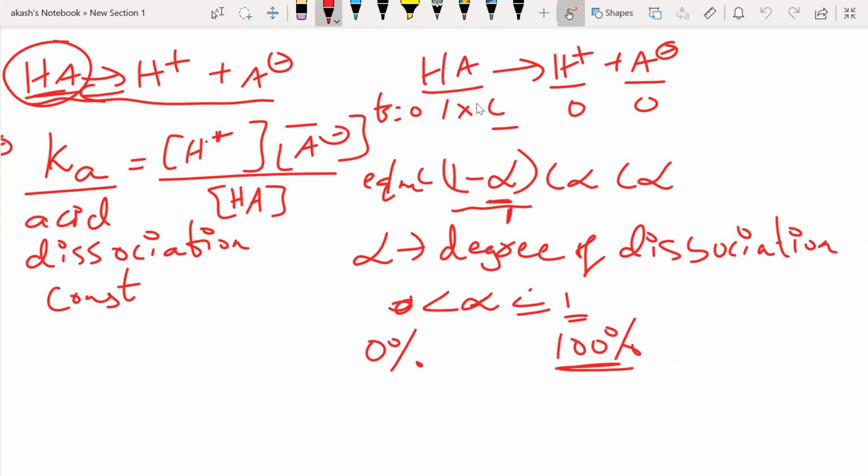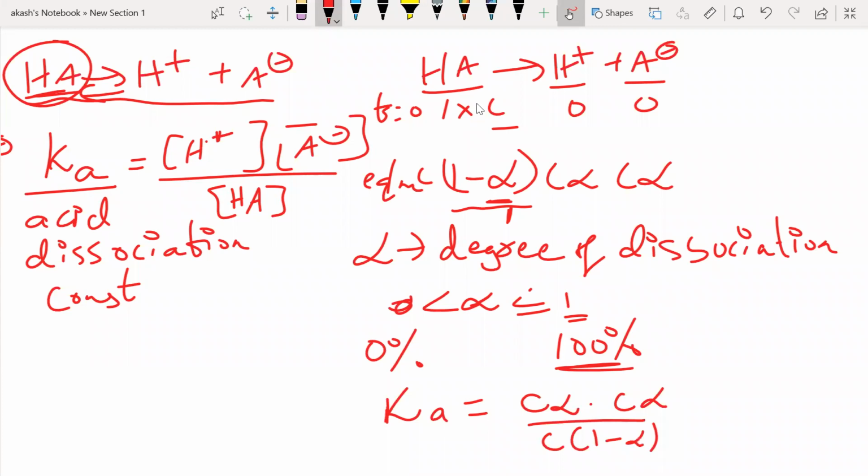Now if I write the Ka value in terms of C and alpha, how will I write? It will be C alpha into C alpha divided by C into 1 minus alpha. This is my Ka value.